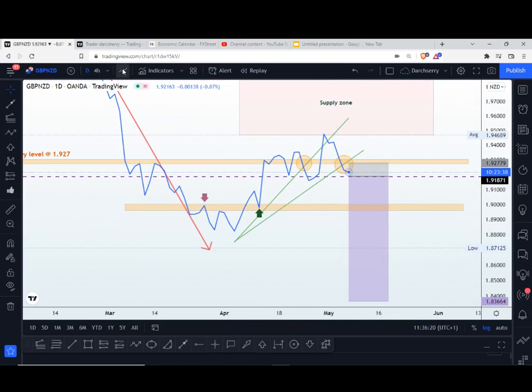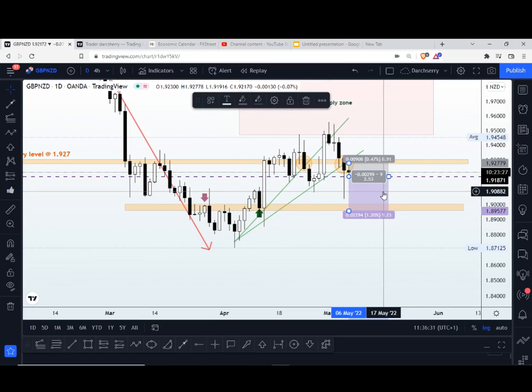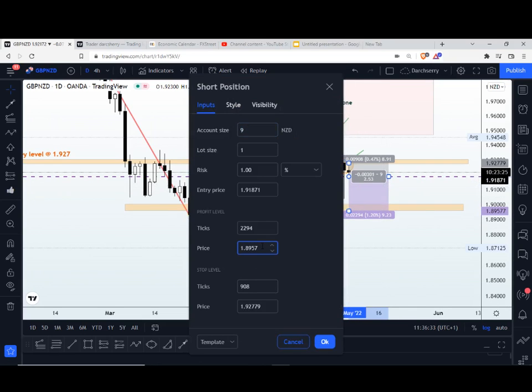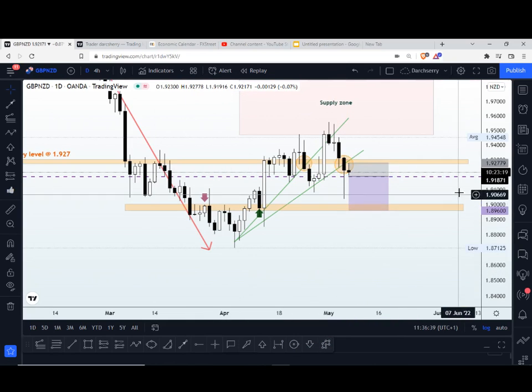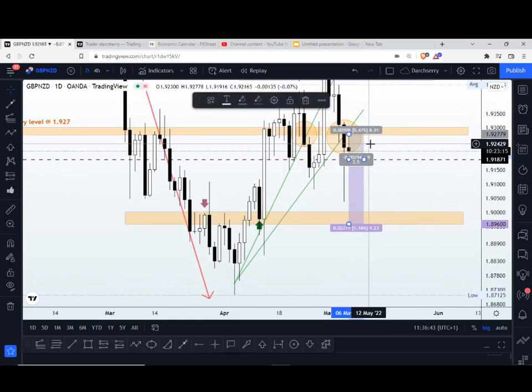So bringing out our candlestick pattern and moving this close to the area, we have around, let's say, 230 pips thereabout. So let's move this, around 220 to 230 pips thereabout, with a stop loss of around 90 pips.